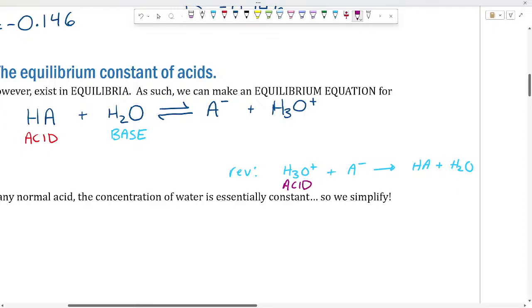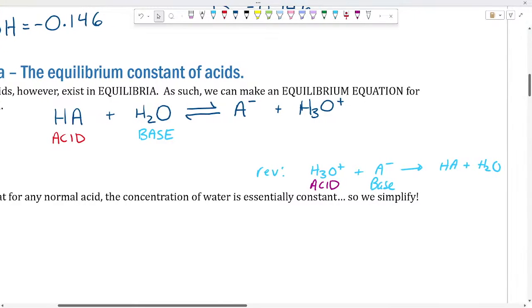What would we call the A minus? The base. So, in the reverse reaction, the species that had been the acid is now what we call the conjugate base. And conjugate just means on the other side, or paired with.